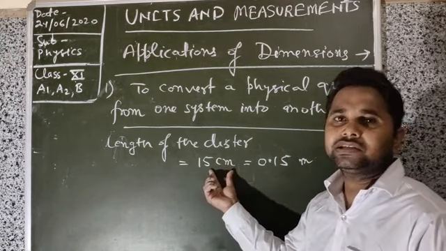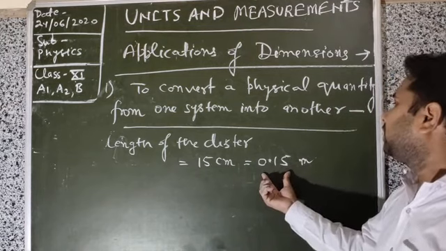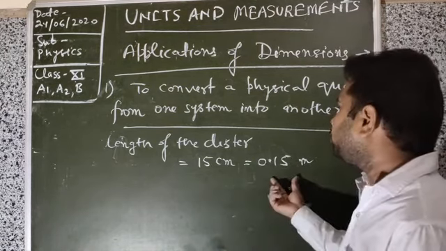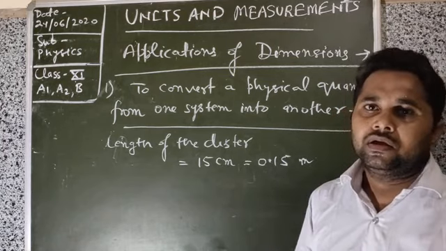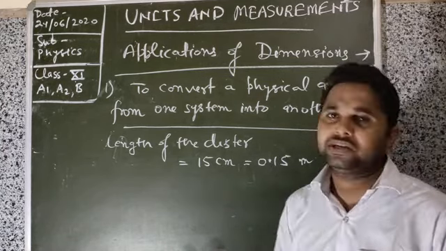First in CGS, that is 15 centimeter, and second in MKS, this is 0.15 meter. So these two values are the same, because both represent the length of the duster only. This is the fact, the basis of the method which we will describe here.